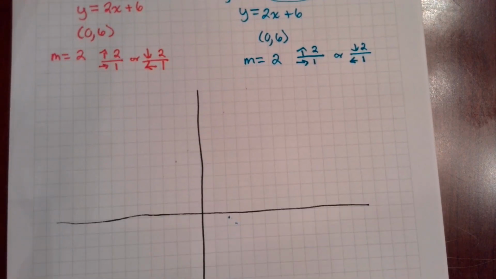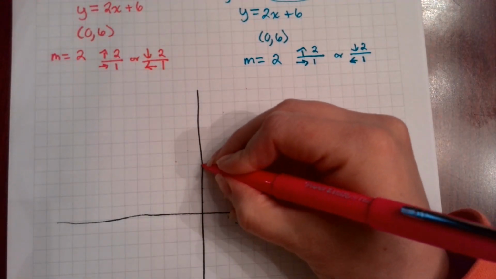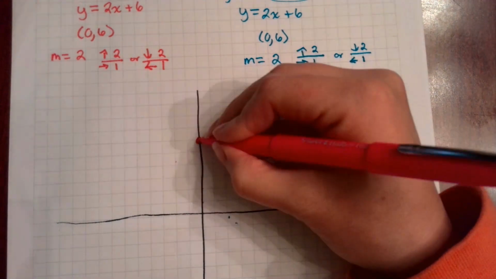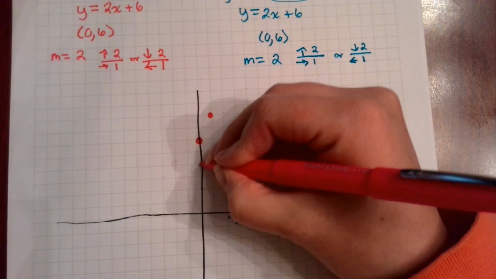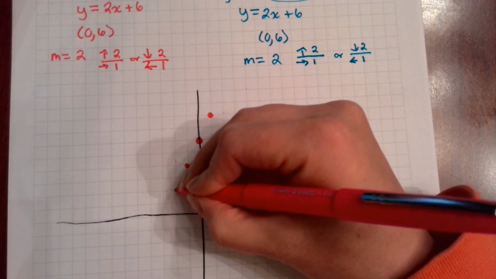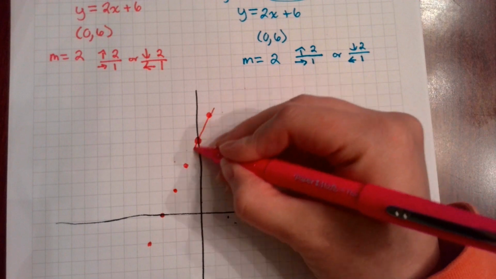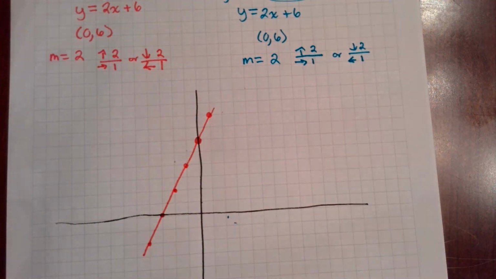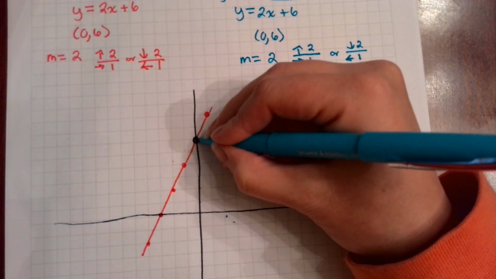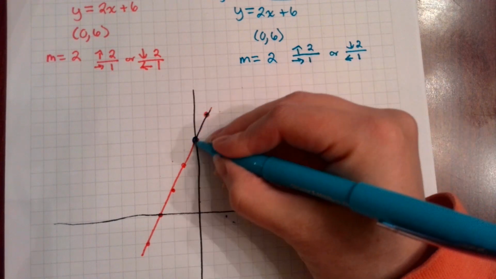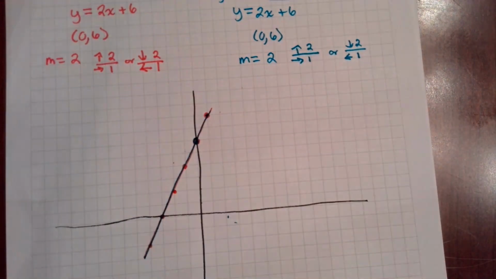If I graph the first point, 1, 2, 3, 4, 5, 6, I'm going to go up 2 to the right 1, or down 2 to the left 1. Connect them, and then the same idea: I'd start overlapping, and everything would wind up being the same. So our solution is infinitely many solutions.